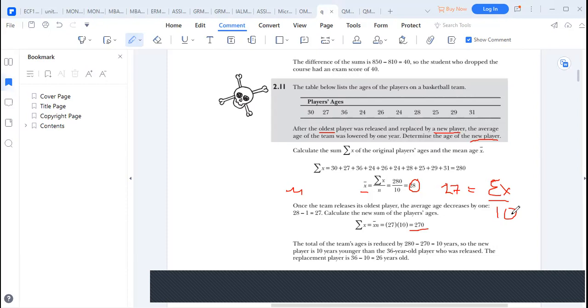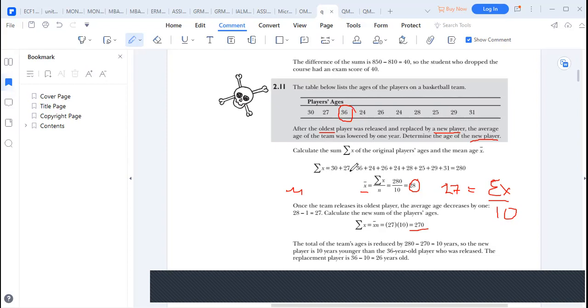So what we want to know, in essence, is the age of this new player. So this is a very tricky question, which carries about 6 marks. So in here, we identify that the oldest player was 36 years old. Now we are told that this oldest player was replaced by a new player who ended up reducing the average of the whole team by 1.